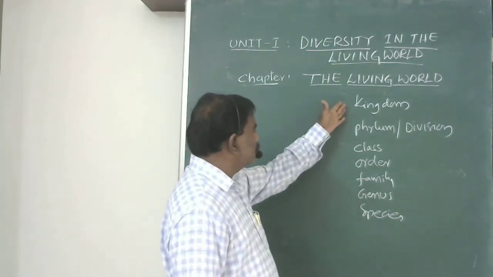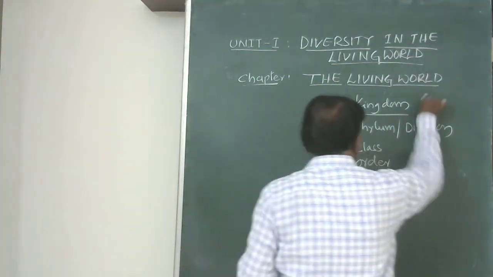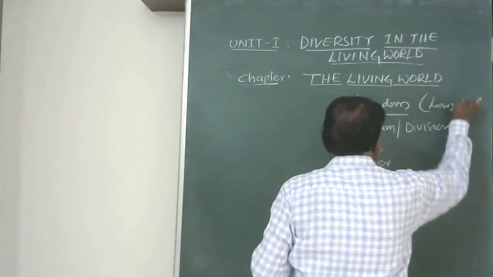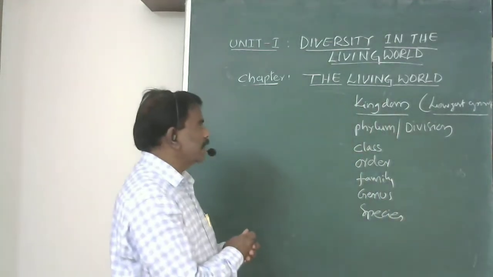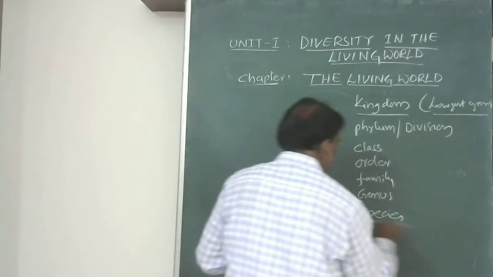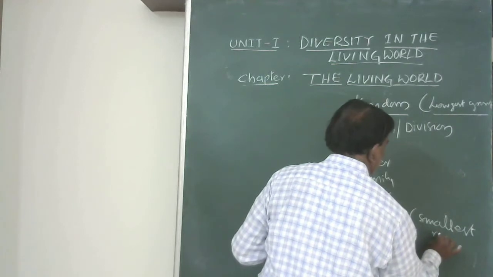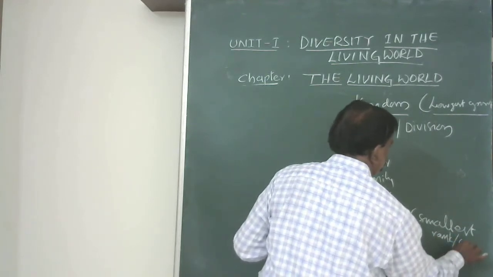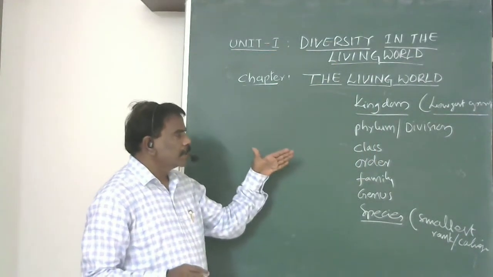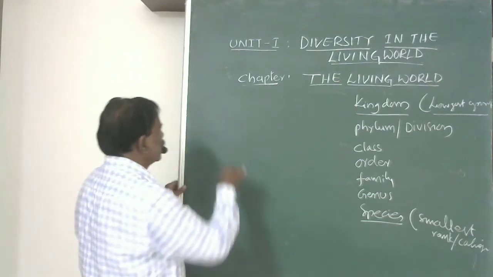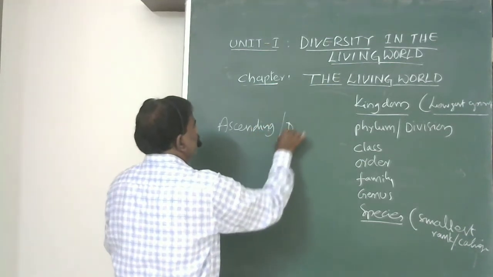See, in this hierarchy, kingdom is the largest group, having organisms with diversified characters, whereas species is the smallest rank or category.